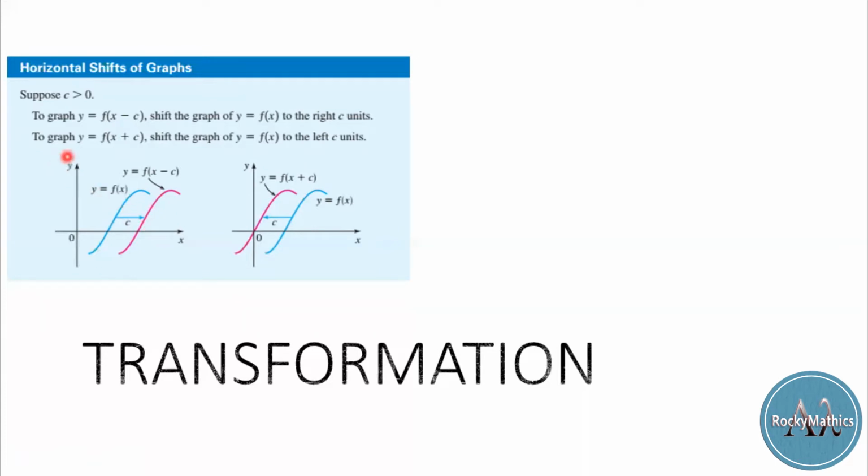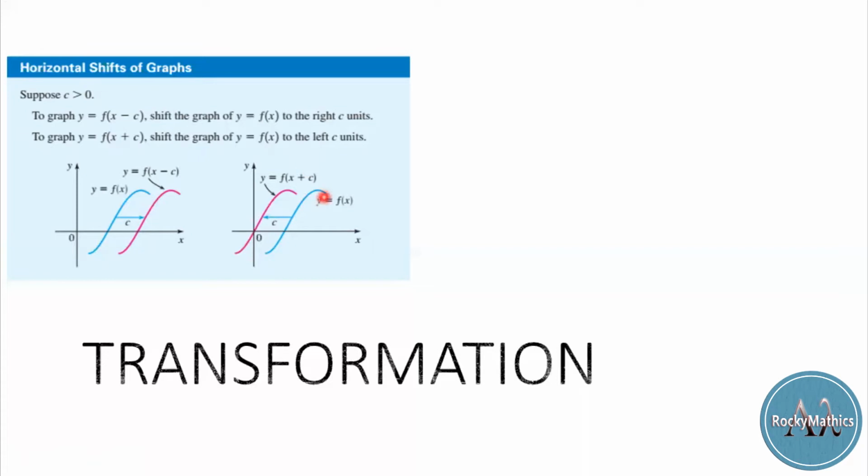Now, how about the graph of y = f(x + c), another composition of functions, or composite function, where the operation inside the other function is positive? If it is positive, we shift the graph of y = f(x) to the left c units.